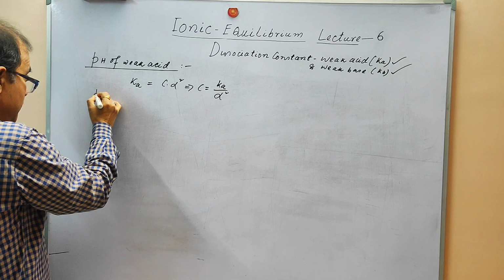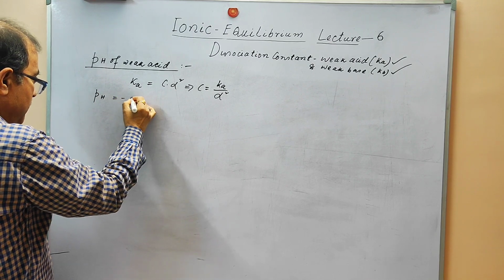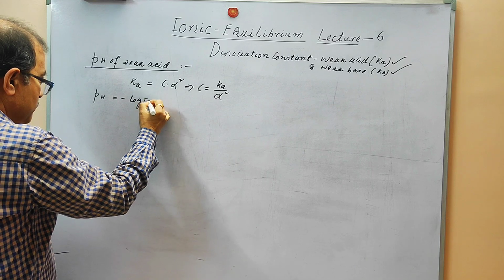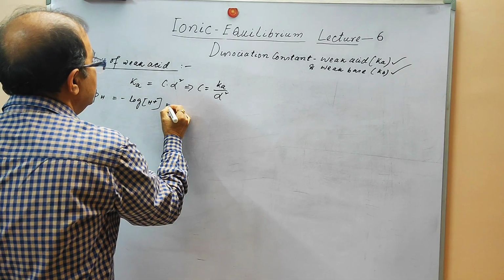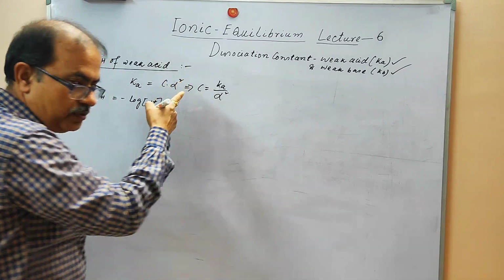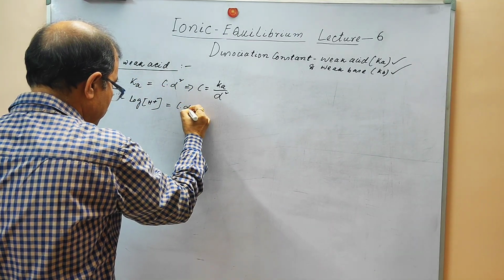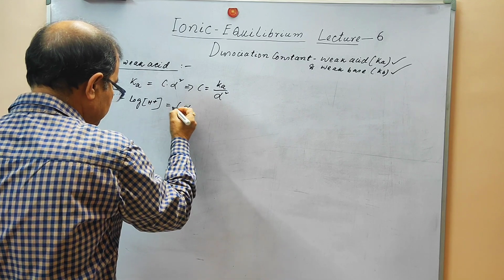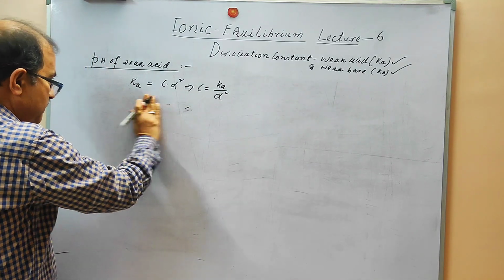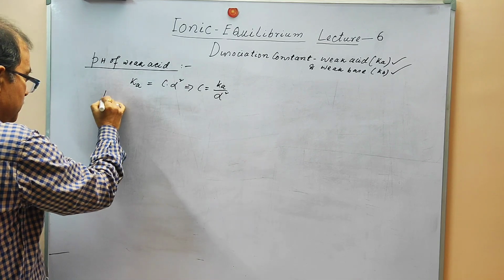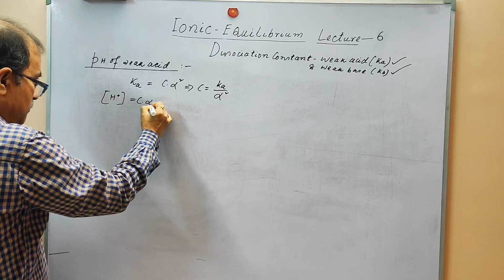Now we know pH is nothing but minus log of the molar concentration of hydrogen ion. We are not going directly to the pH. Let us first see the H plus ion concentration, that is C into alpha.